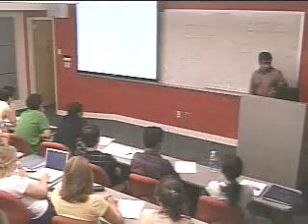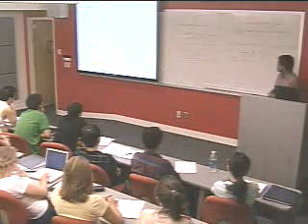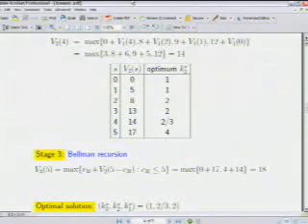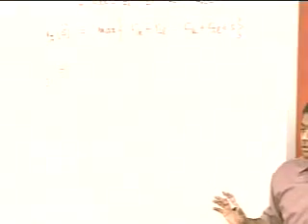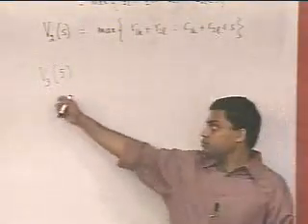Okay, once we've done that, now we go to the next stage. So the next stage, we just want to compute V3 of 5. So this is the answer we are looking for. What is the best revenue that I could get from using the 3 plants and $5 million? So this is the only value that I need, V3 of 5. So all of the calculations that were done up to this point were simply to compute this number.